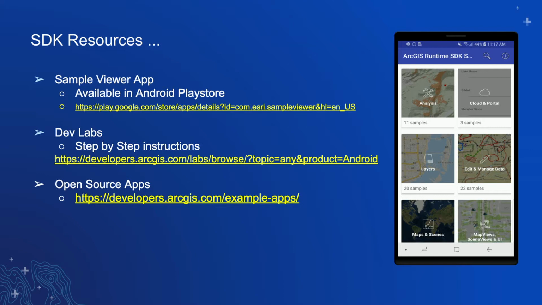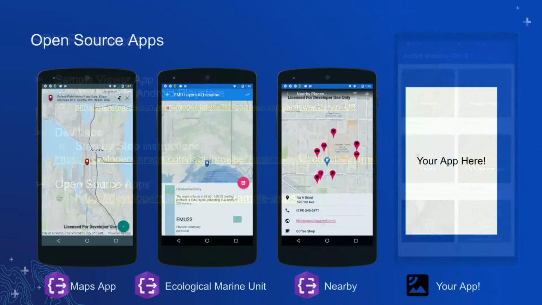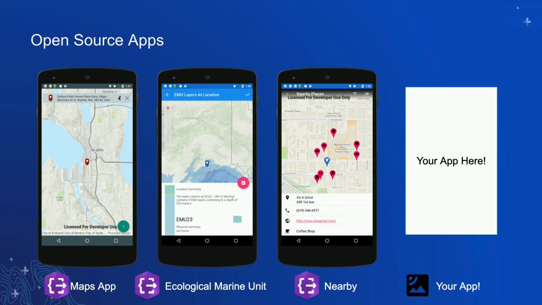And we also provide open source apps, like the Maps app or the Nearby app. These are slightly beyond the open samples that we provide. They come with workflows that are slightly more advanced than the simple samples, and can be used as templates for some of your apps.